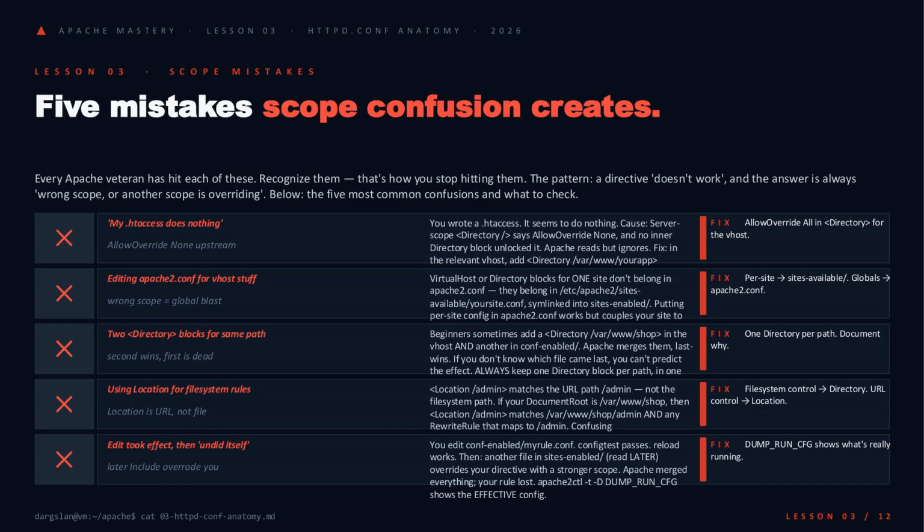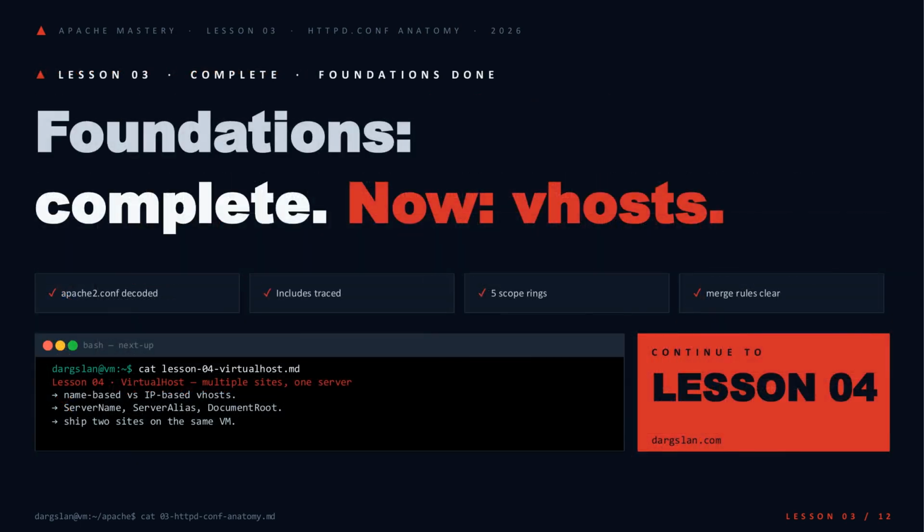Vhost config dumped into apache2.conf, blasting global. 2 directory blocks for the same path, last one wins. Location used for file system rules when it's actually URL-based. And the cruelest one? Your edit worked, then a later include quietly undid it. When in doubt, dump the running config. That's ground truth. And that's lesson 3.